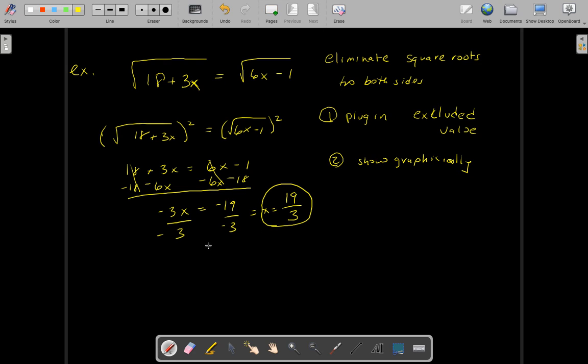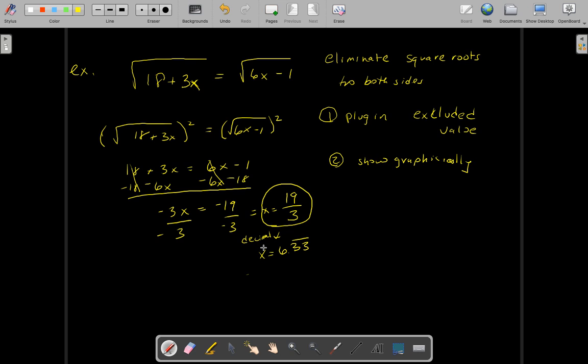If I do the math out here, I'm going to divide 19 by 3, because you won't be able to see it unless I divide my values. So x is actually equal to 6.33 when I turn this into a decimal.